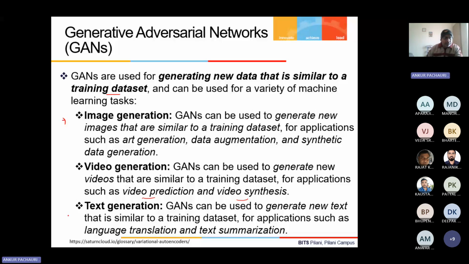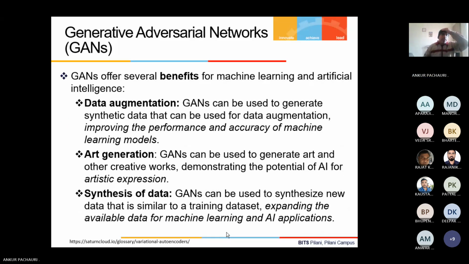Third is text generation. They can also be used to generate new text that is similar to the training data set, for language translation or text summarization. Still that is not perfect, but we are using it. Fourth, data augmentation: to generate synthetic data that can be used for data augmentation, improving the performance and accuracy of the machine learning process.